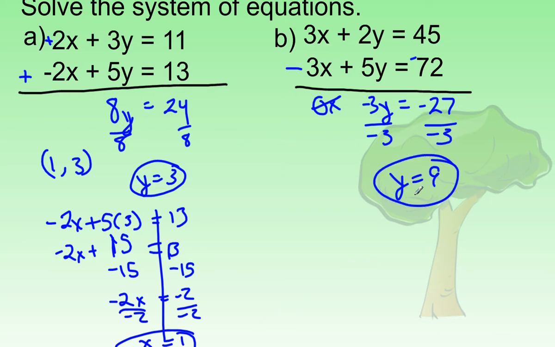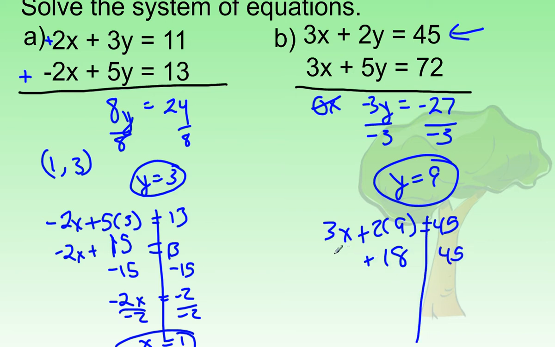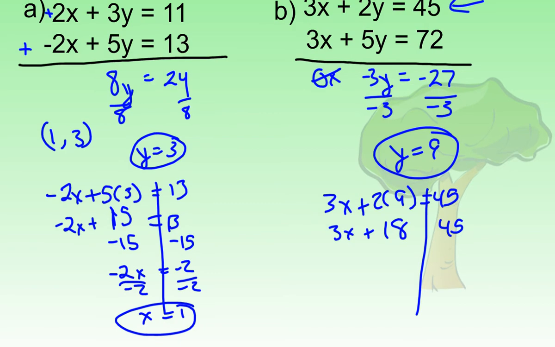That's one variable. And to find the solution, you simply plug that into one of your other equations. Again, I'm going to use the top one because the numbers are smaller. 3x plus 2 times 9 equals 45. That's 18. And that's 3x.